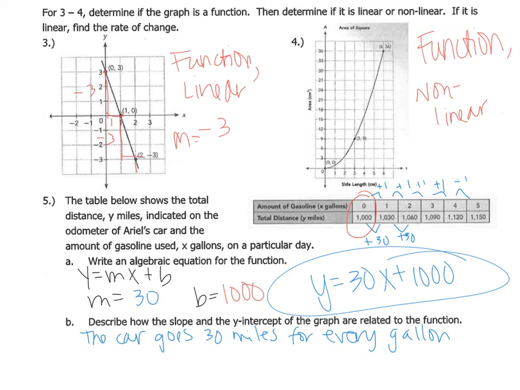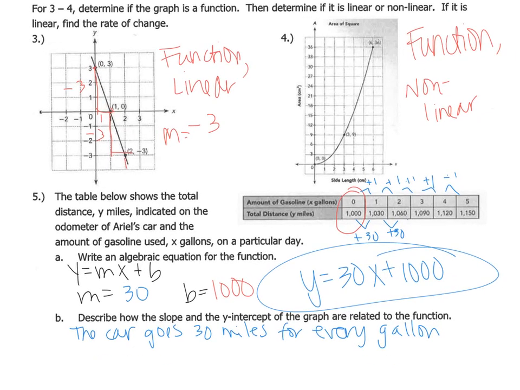The y-intercept is saying that the car started with 1,000 miles on the odometer.